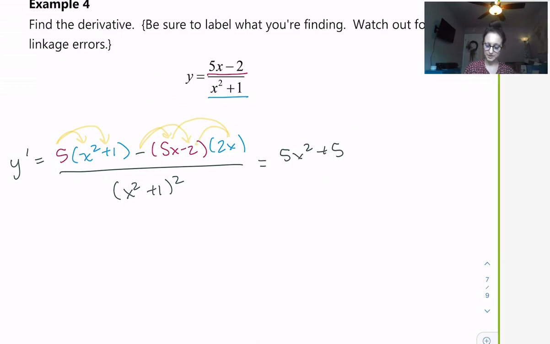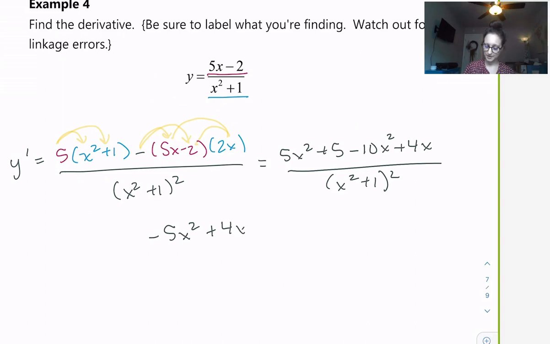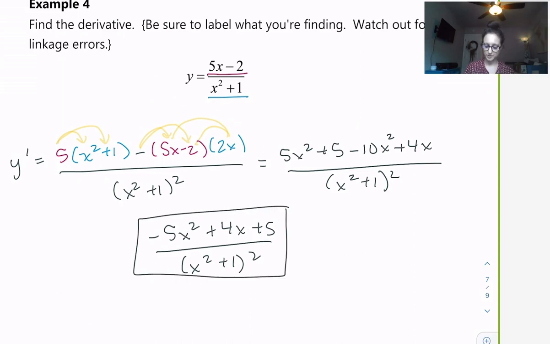Okay, so I would have negative 10x squared plus 4x. All right, so final answer, my numerator here when I combine like terms, I've got negative 5x squared plus 4x plus 5 all over x squared plus 1 quantity squared.